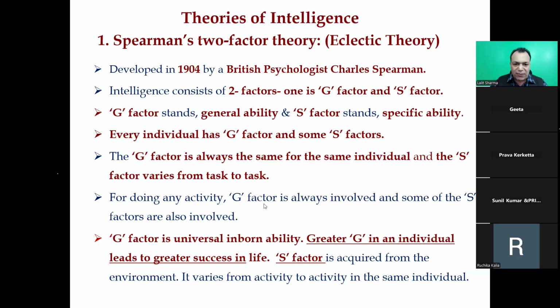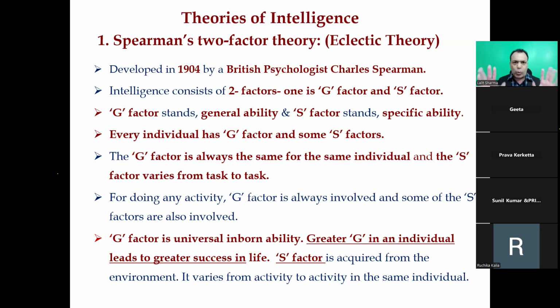That task involves the G factor, and some of the S factors are also involved. G factor is a universal inborn ability. Look, this is important. Greater G: the person with the greater G factor leads to greater success in life. S factor is acquired from the environment. It varies from activity to activity in the same individual.